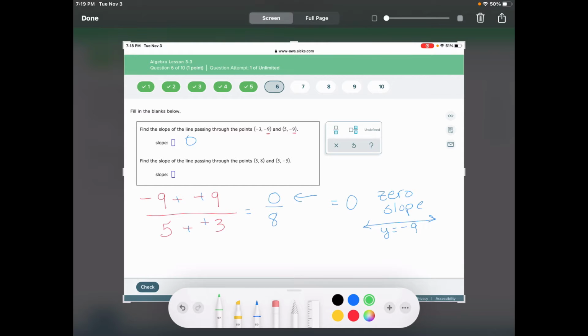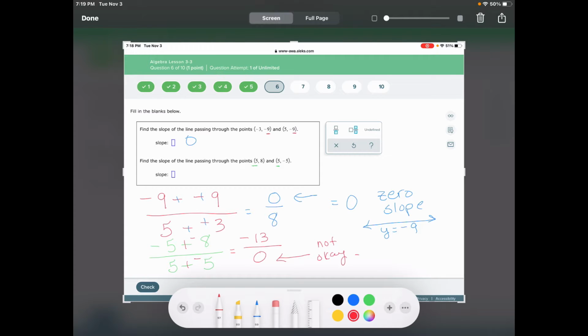Okay, the second problem, we have also something special because the x's are the same. So when we do y2 minus y1 over x2 minus x1, I don't really need to do the math on the top because I can see what's happening on the bottom, and 0 on the bottom is not okay.